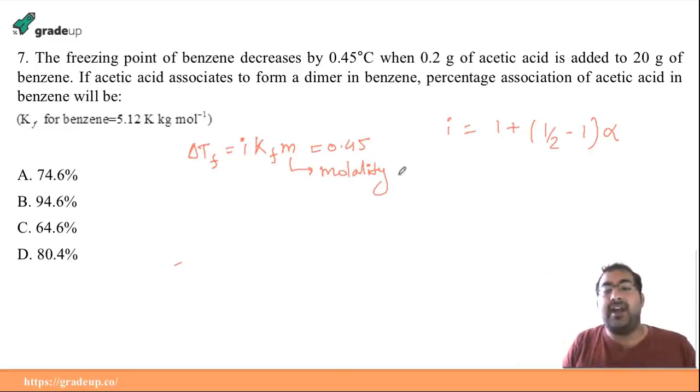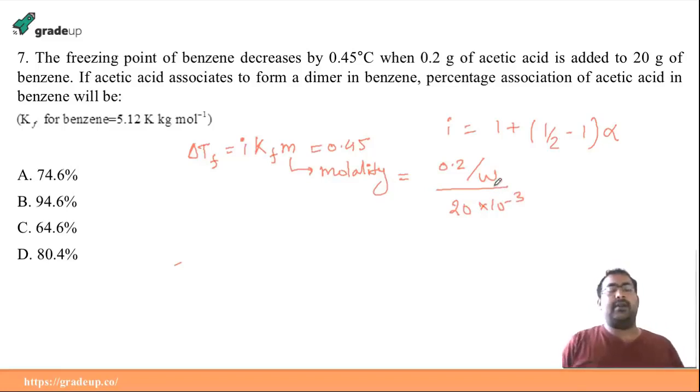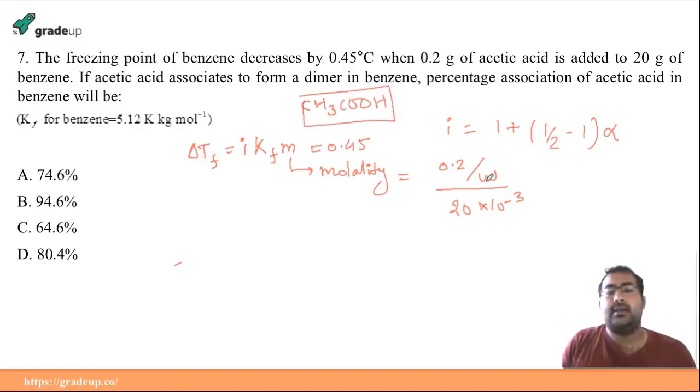From here you can find the molality: the weight of acetic acid divided by 20 grams of benzene, so 20 times 10 to the power minus 3, because you have to have it in kg. Here you put the weight of acetic acid, so you get the molality. So what is acetic acid? CH3COOH.